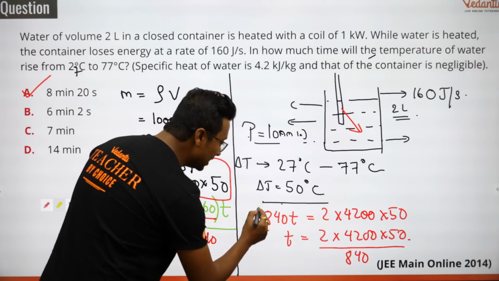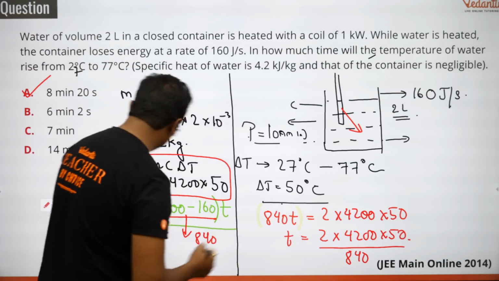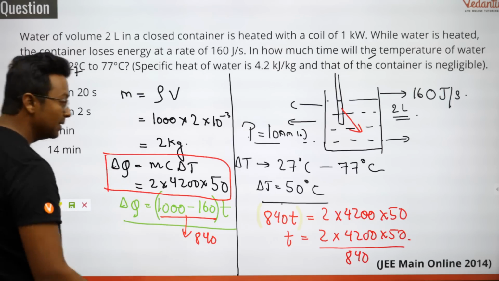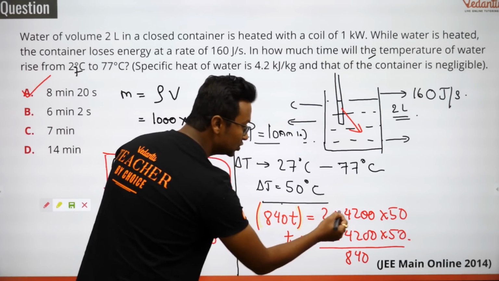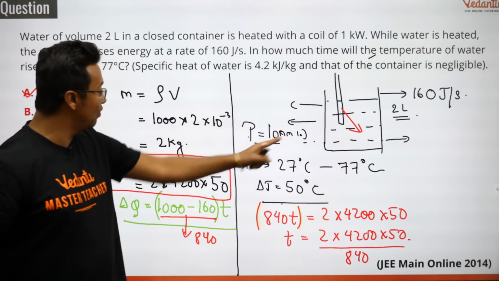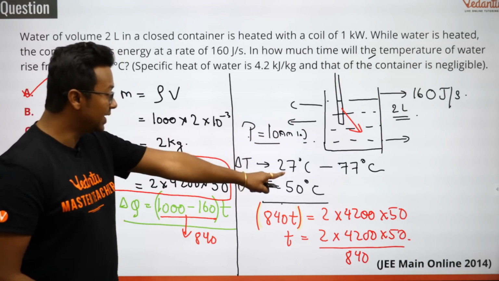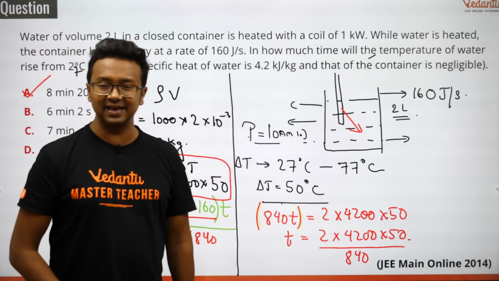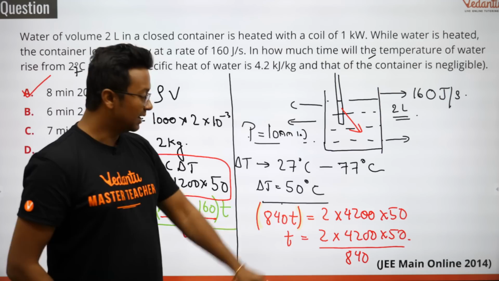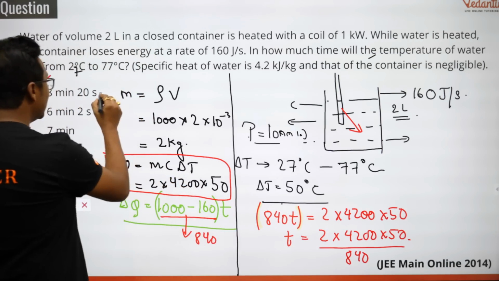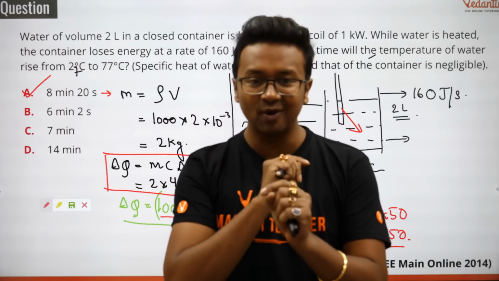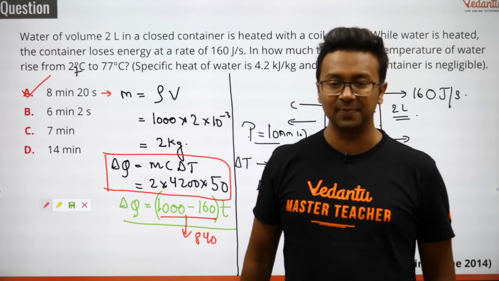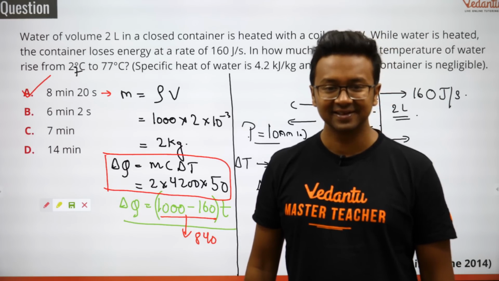So 840, let's say it gets heated for time t. This should be equal to whatever is the heat required to go from 27 degrees centigrade to 77 degrees centigrade. Now you just solve it, you will get this as your answer. Did you understand it? I hope everybody has got it now.